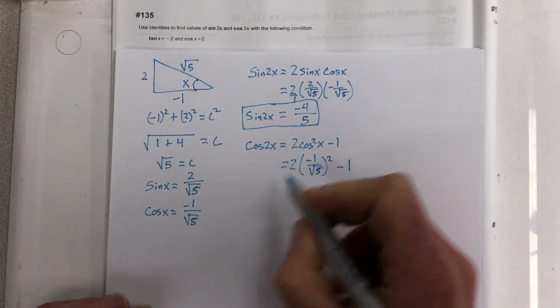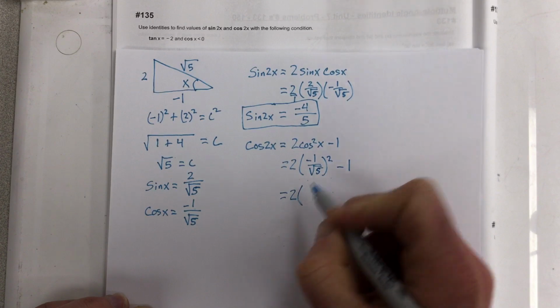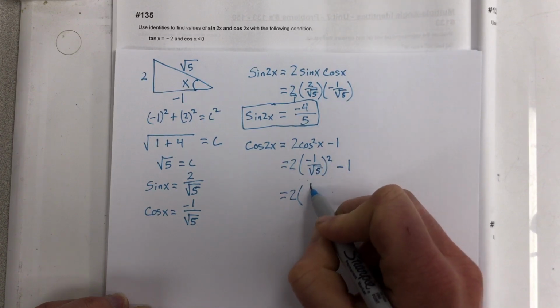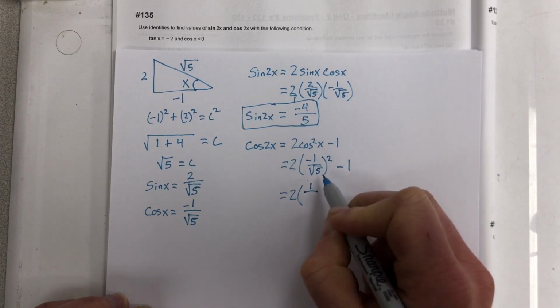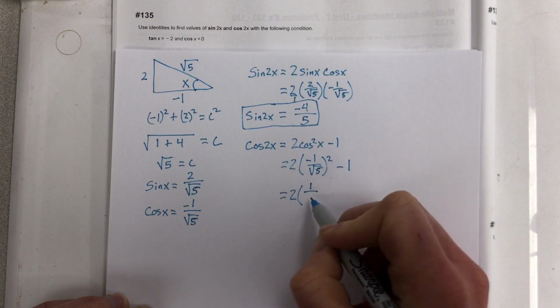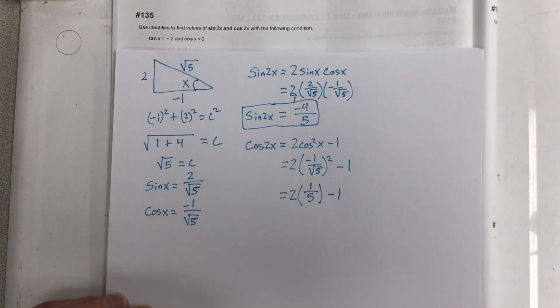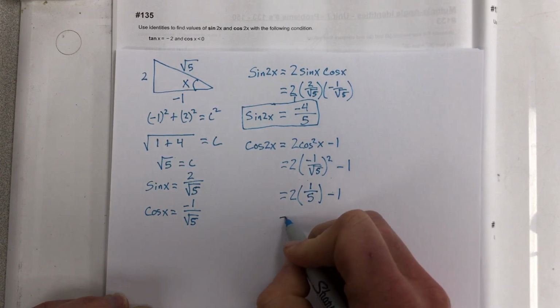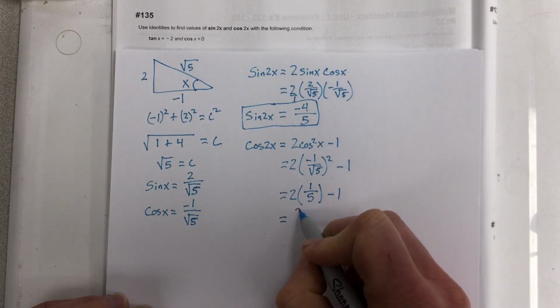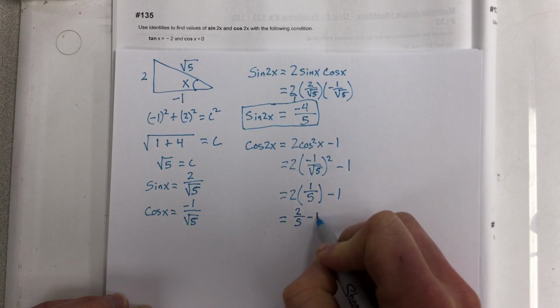I can now square this piece, which would be 2 times 1 over, if I square the root 5, I end up with 5, minus 1. So this will be 2/5 minus 1.